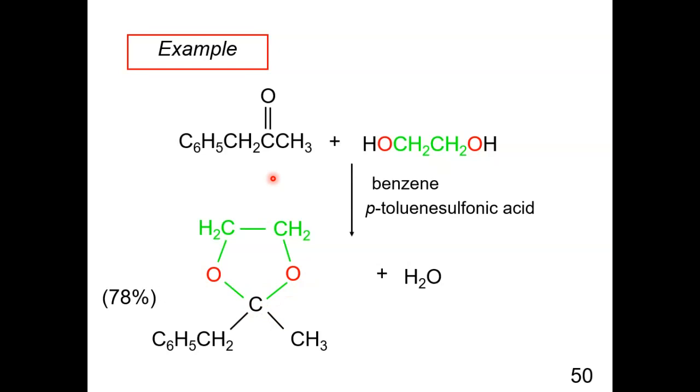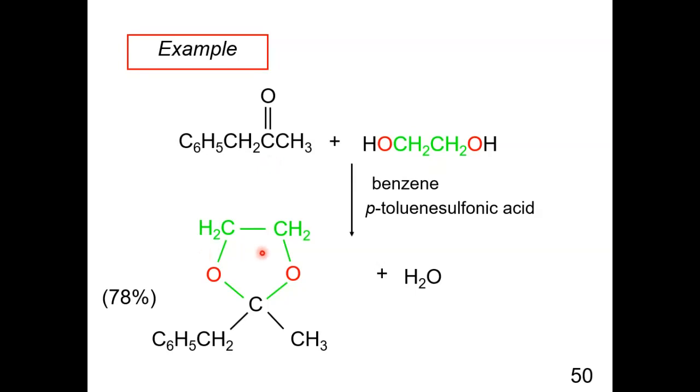And if you recall what you learned in organic 1, 5 and 6-membered rings are the most stable rings. So their formation is generally pretty favorable. So in this particular case, the reaction can proceed to a reasonable conversion at equilibrium.